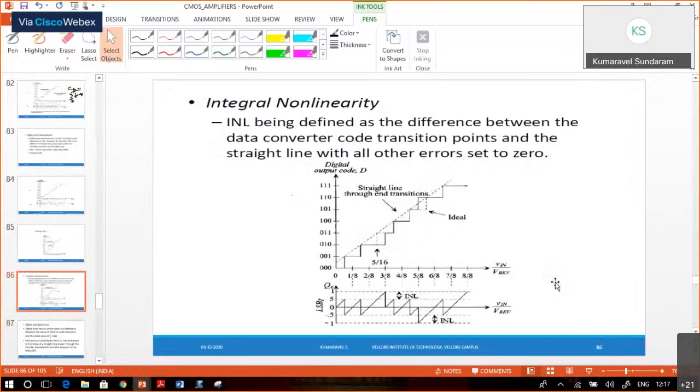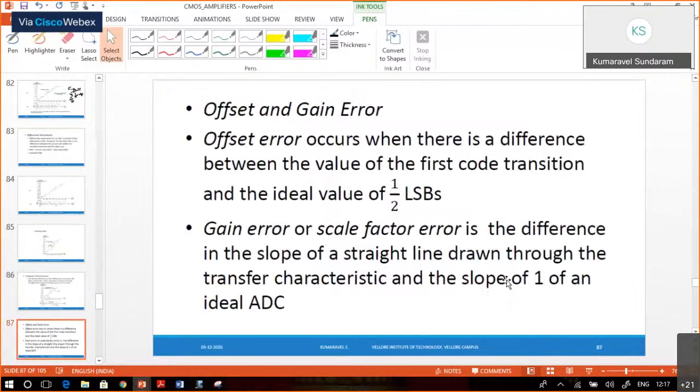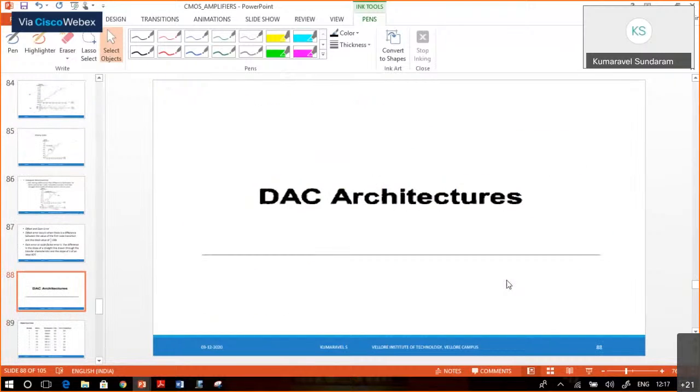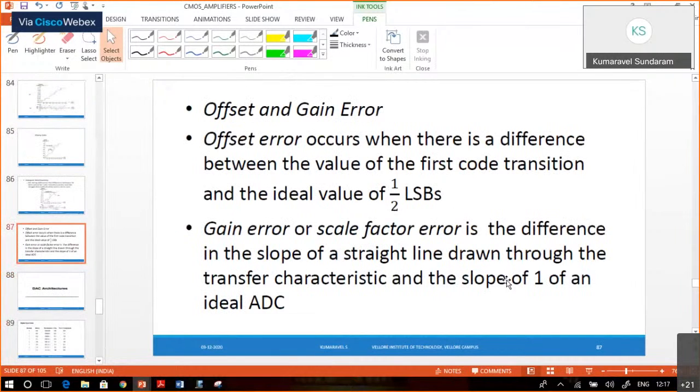And similar to the DAC, here also you are finding integral nonlinearity. In integral nonlinearity, again between the first and last value, we will draw the reference line, and then we will identify the difference from the actual step heights. So that is going to be the INL. And for ADCs also, offset error and gain errors are there. So these are all the performance metrics that we should know to characterize the DACs and ADCs.